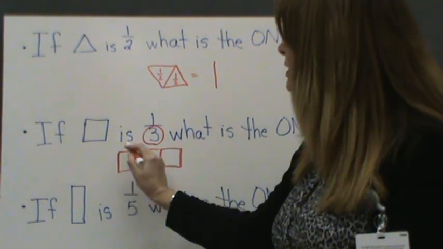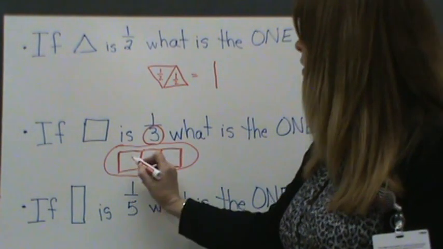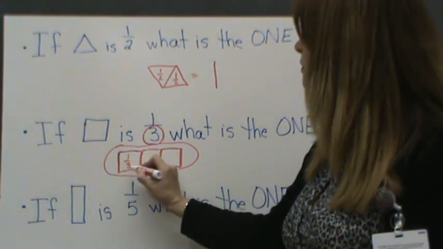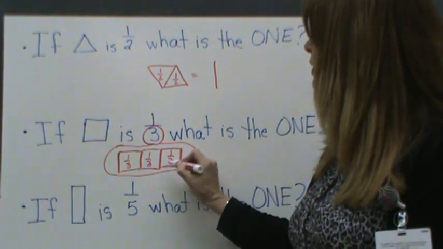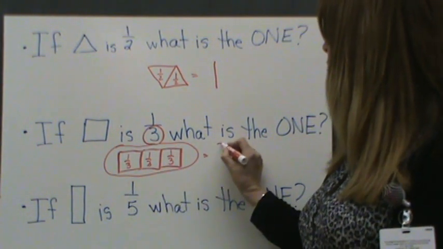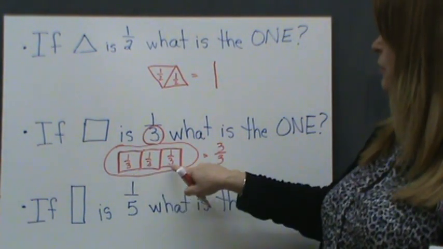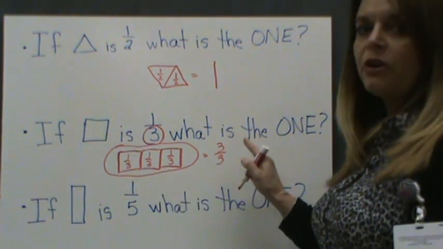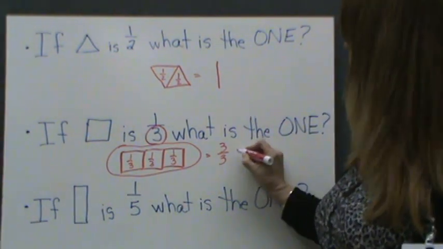So now this equals 1, because here's 1/3, there's 1/3, here's the last third. So I have 3/3, because there's 1, 2, 3, and remember, 3/3, numerator, denominator is exactly the same, so it equals 1.